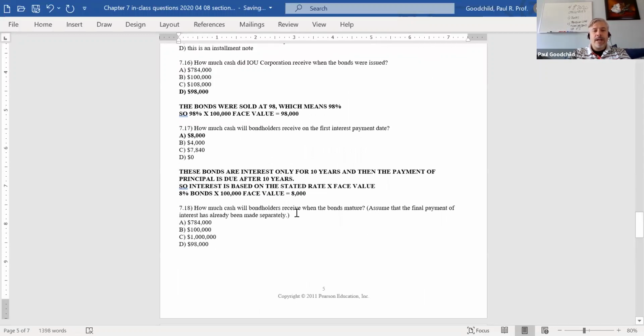And then how much cash will bondholders receive when the bonds mature? And then it says, assume that the final interest payment has already been made separately.